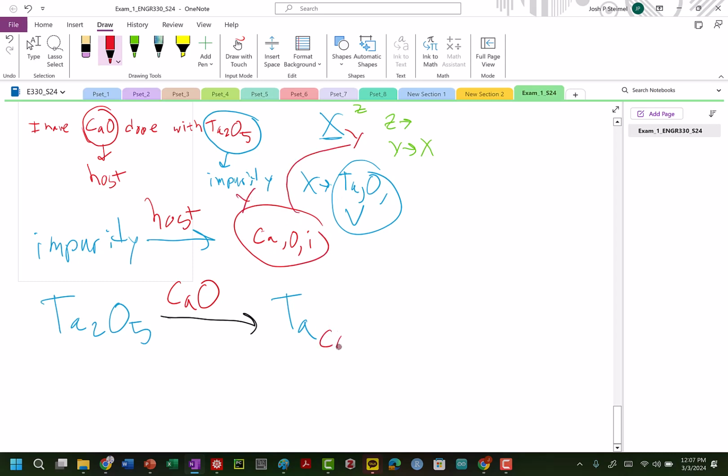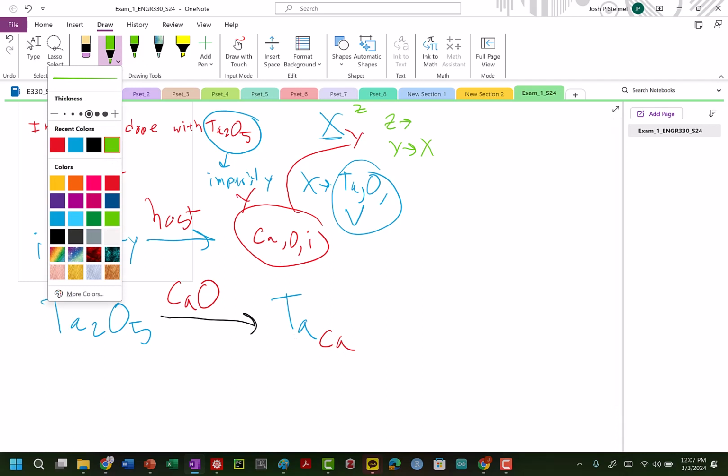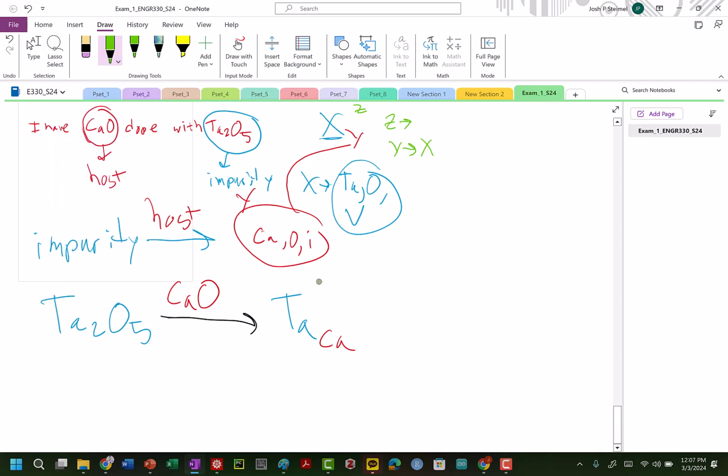So Ca is 2+, tantalum is 5+. Remember, it's going from Y 2+ to 5+, so that's going to be a plus 1, 2, 3. So I have those charges here.